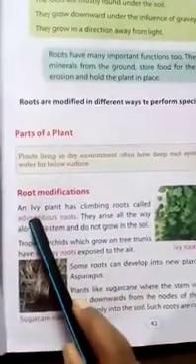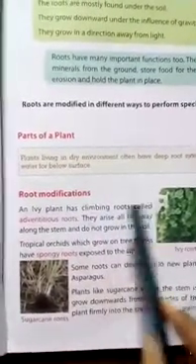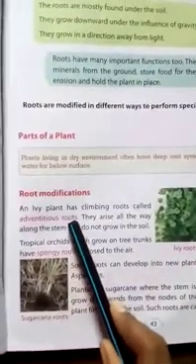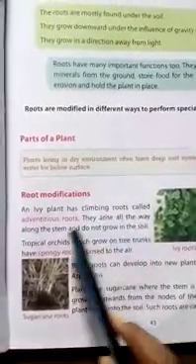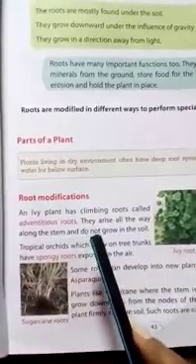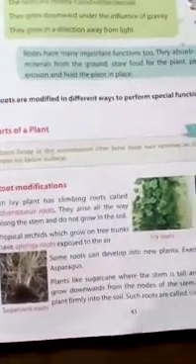An ivy plant has climbing roots called adventitious roots. They rise all the way along the stem and do not grow in the soil. Okay, this is the climber ivy root, we can say. This is not growing in the surface of the earth.